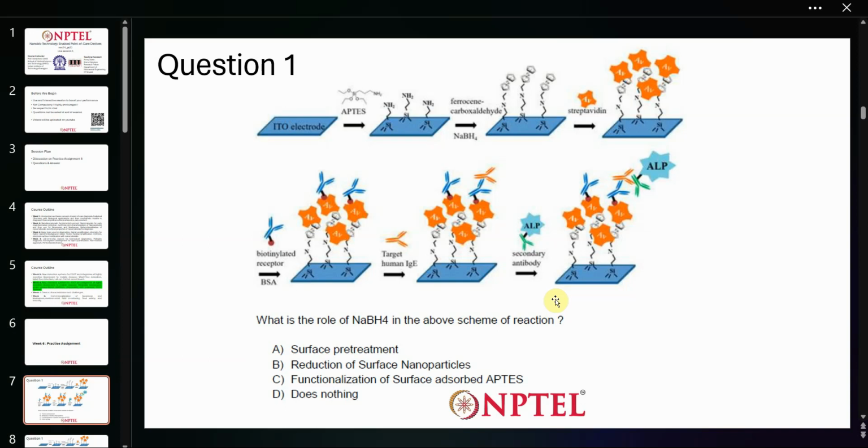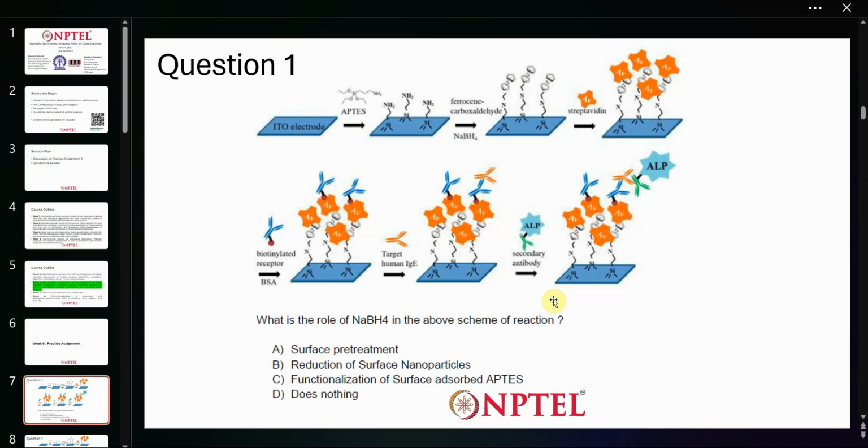Before you guess, I'll give you an overview of what is happening in this reaction. We have an indium tin oxide substrate that has been functionalized with the aptase. In order to attach the antibodies to the surface, first you need to activate the surface.